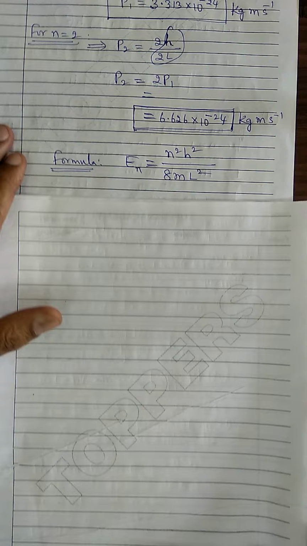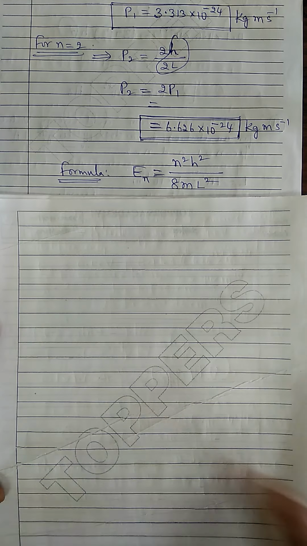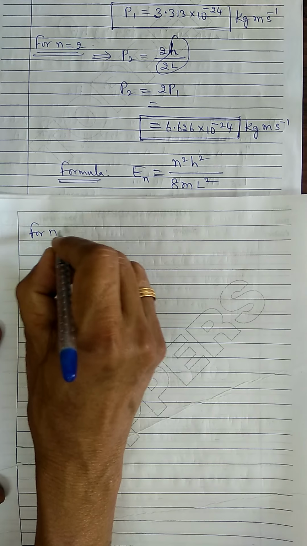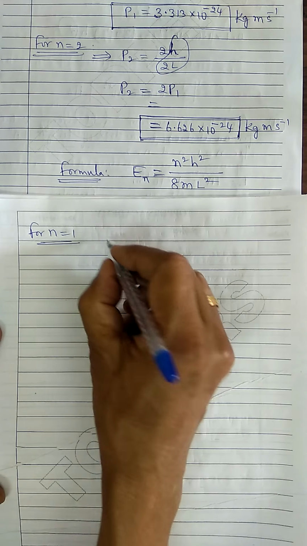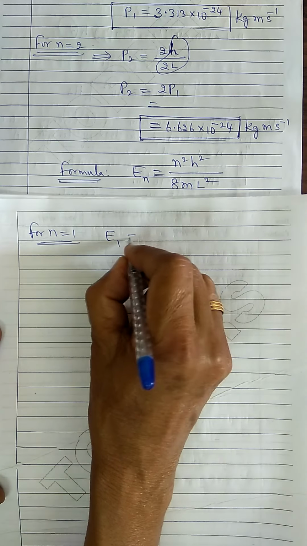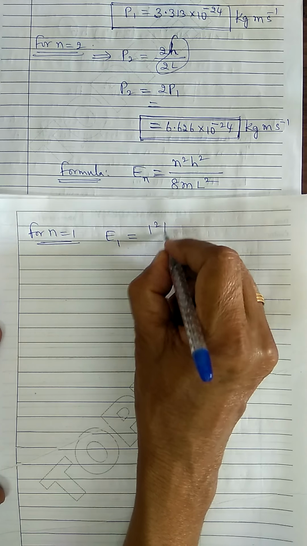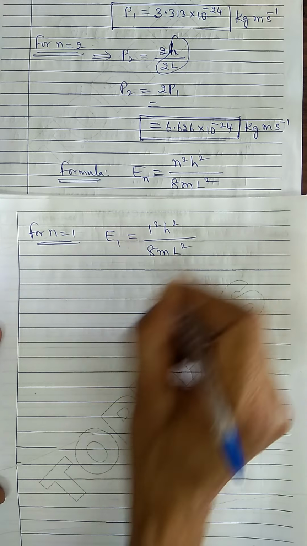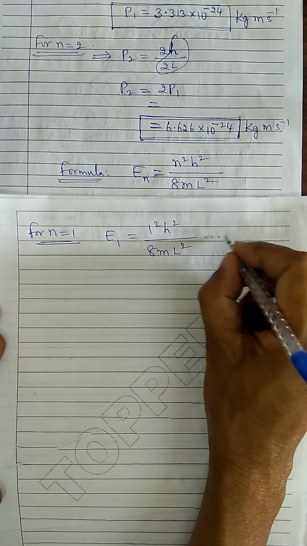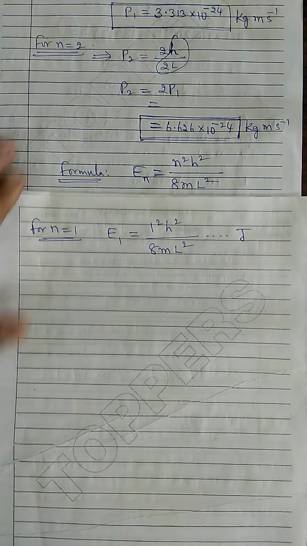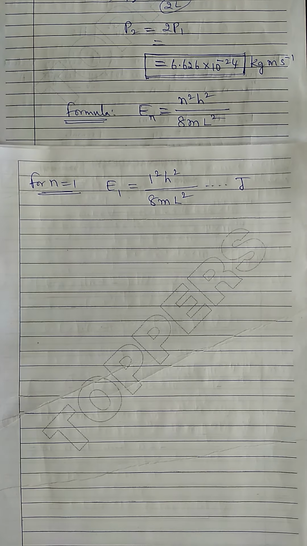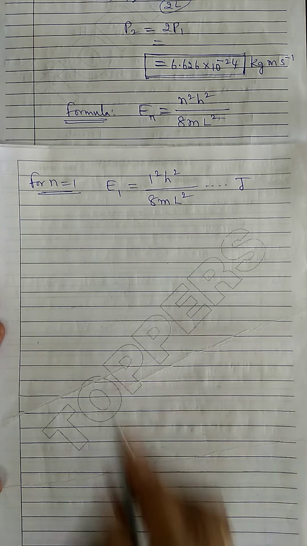Let me write it here. For n is equal to 1, E1 is equal to 1 square h square divided by 8 m L square. This is in terms of joules. Convert in the form of eV.